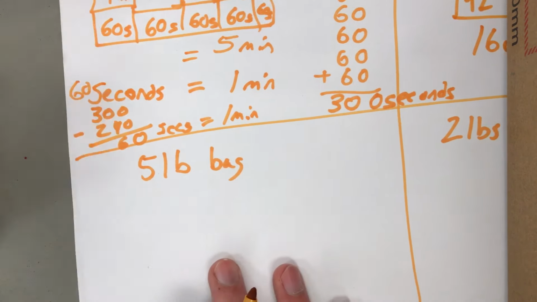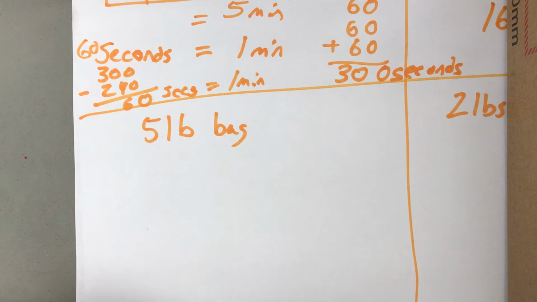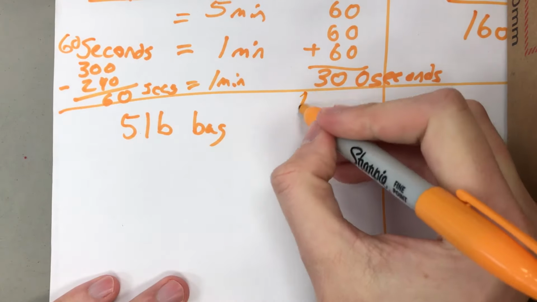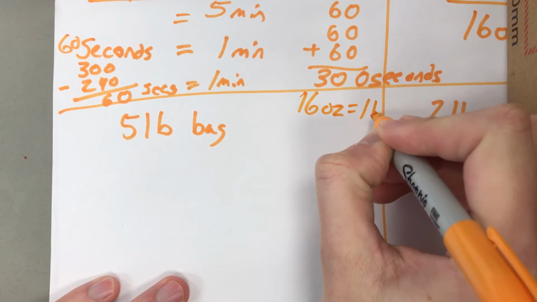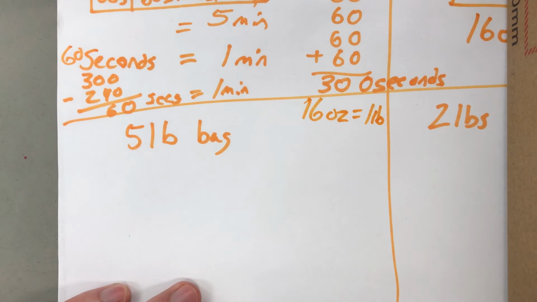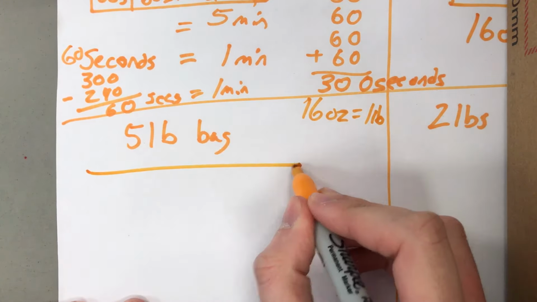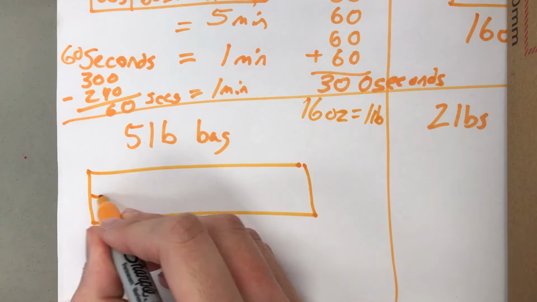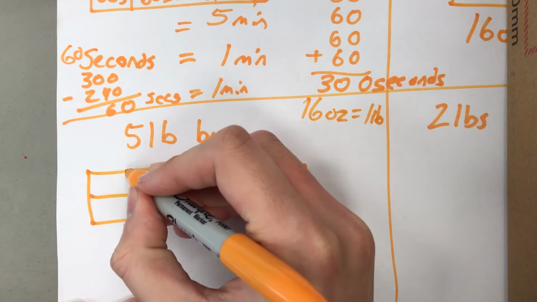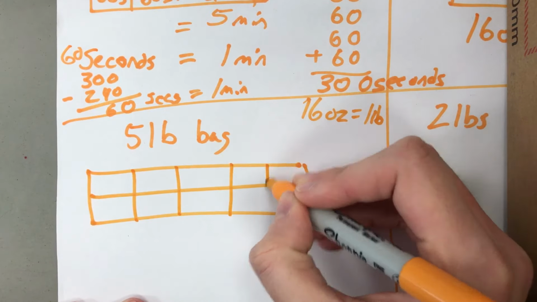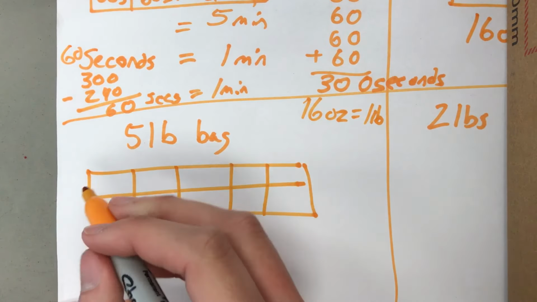A bag of potatoes weighs 5 pounds. If we put this bag on a scale, the unit on the scale is in ounces. What weight does the scale show? Well, we just talked about there are 16 ounces in 1 pound. If we think about the way we did our chart earlier, I'm going to have 1, 2, 3, 4, 5.